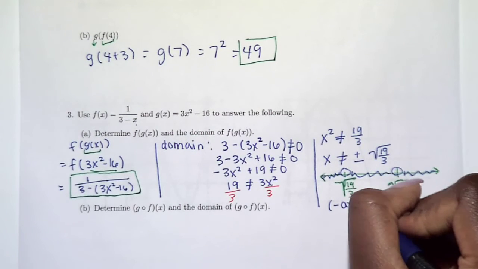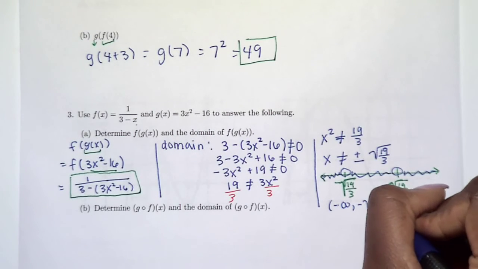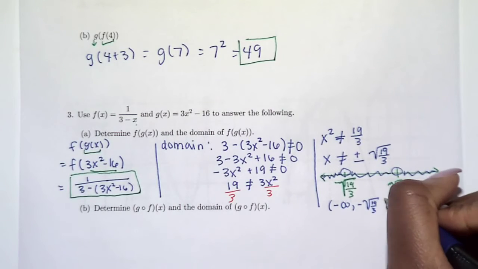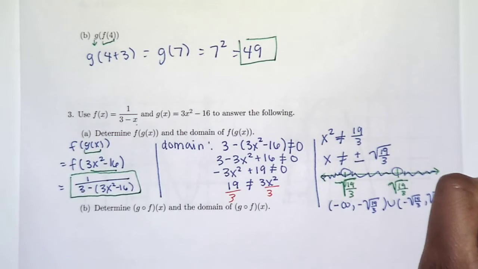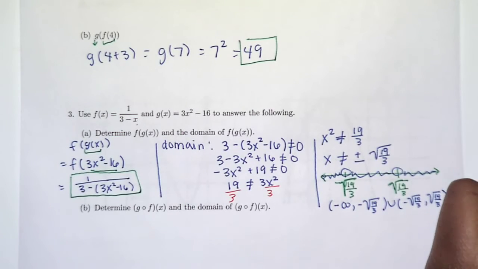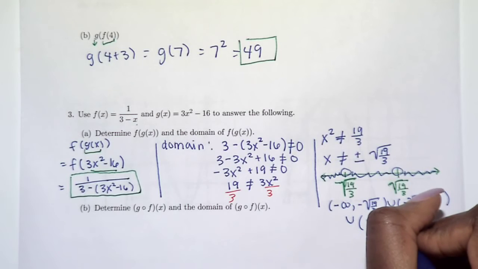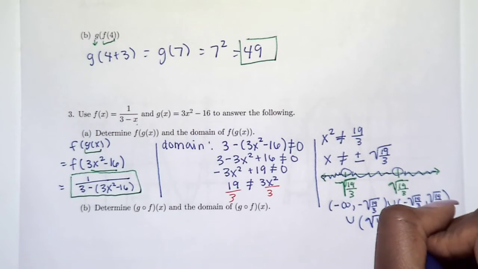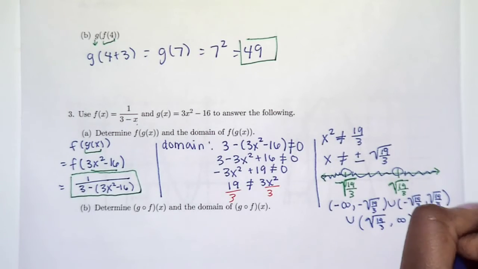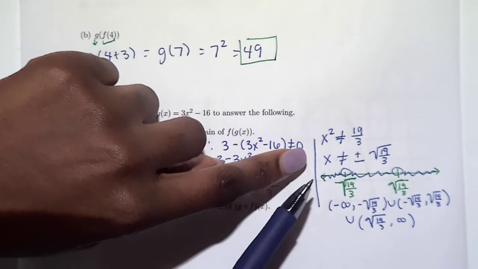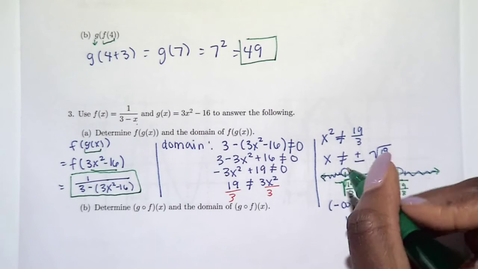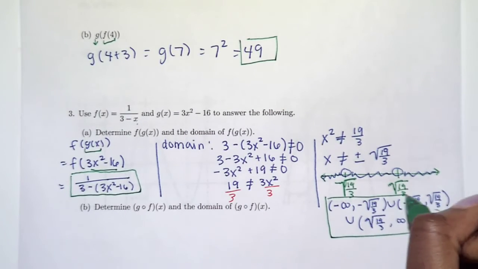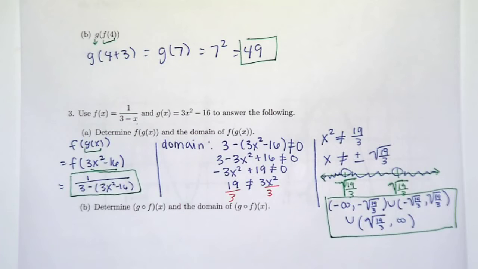So from negative infinity to negative root 19 over 3, union negative root 19 over 3 to root 19 over 3, union root 19 over 3 to infinity. So basically we just rewrote our number line using interval notation. So this is the domain of our composition of functions.